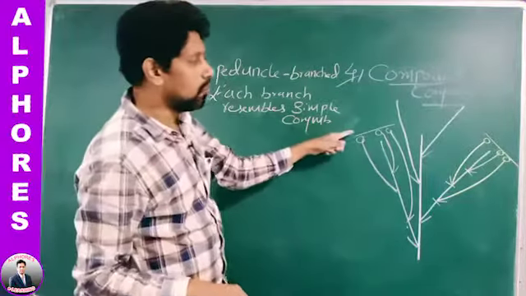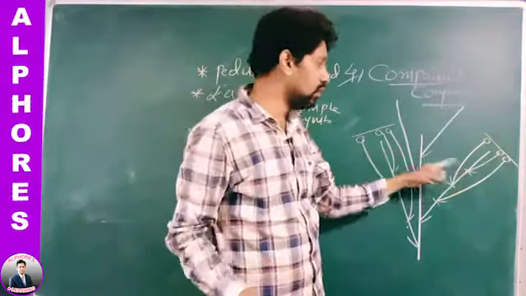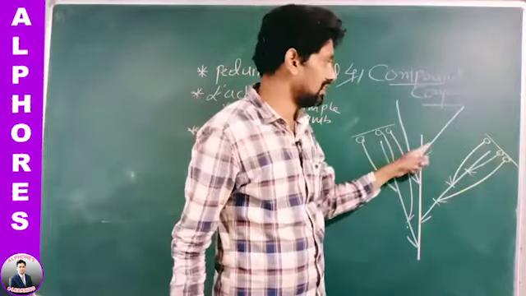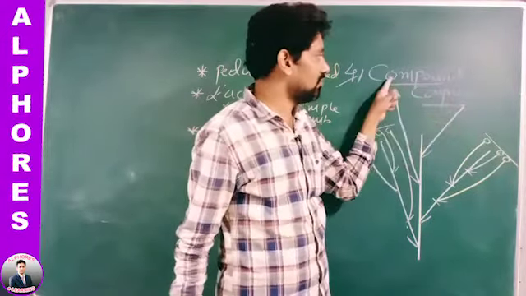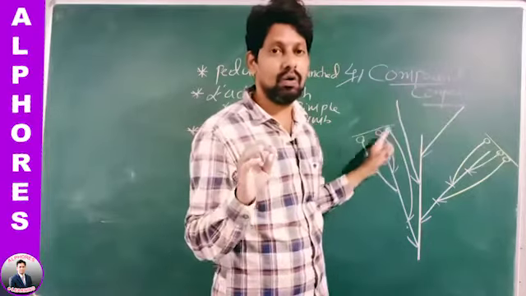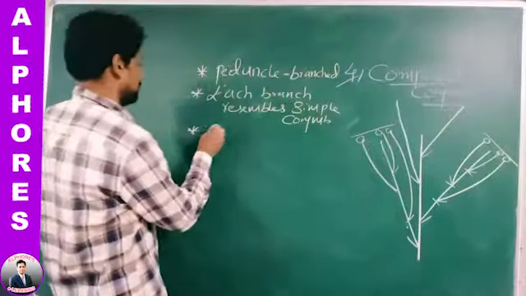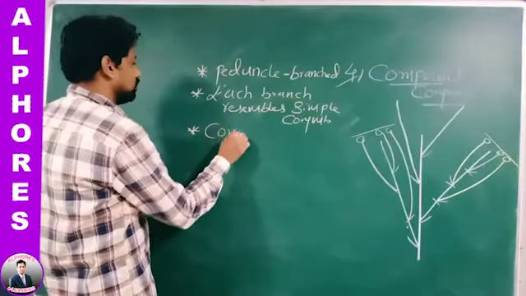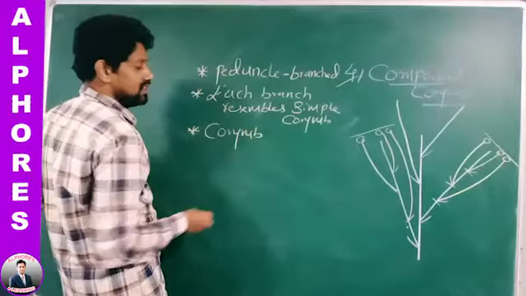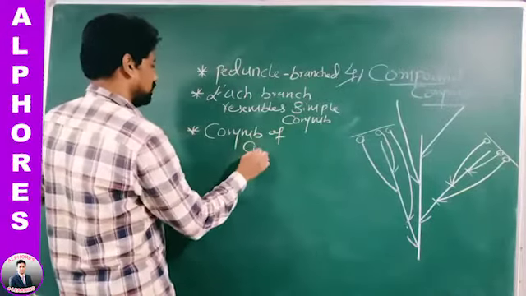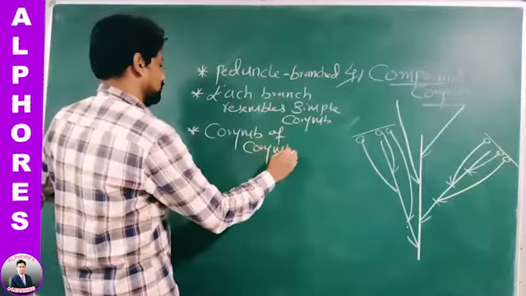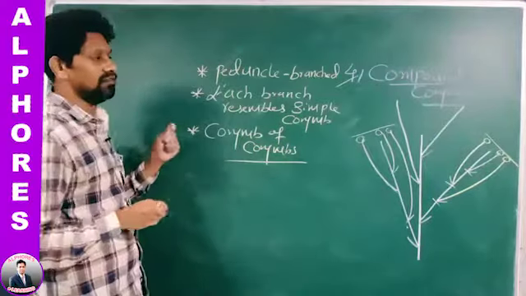Therefore, here how many corymbs are there? This is a simple corymb, this is a simple corymb. From here also a simple corymb is developed. Therefore, compound corymb is a corymb of corymbs.